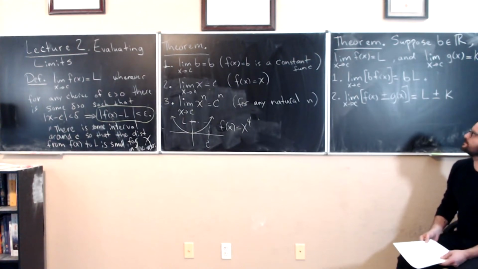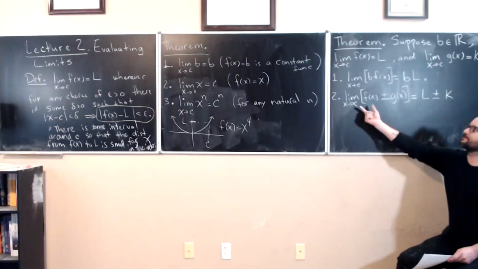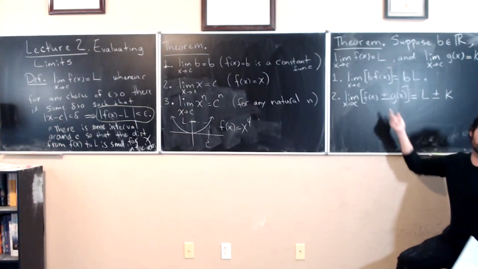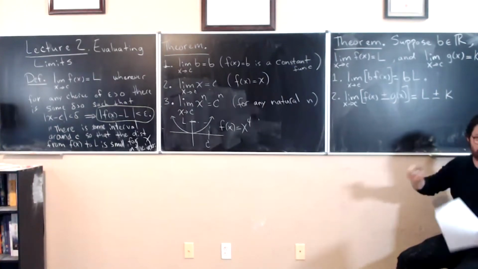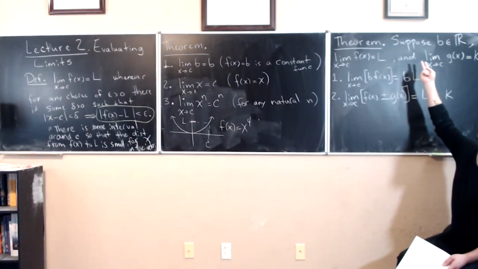So we'd say that the limit is additive in this sense. We can distribute the limit over sums and differences of functions, provided those limits exist, which we assumed in the supposition of the theorem that they do.